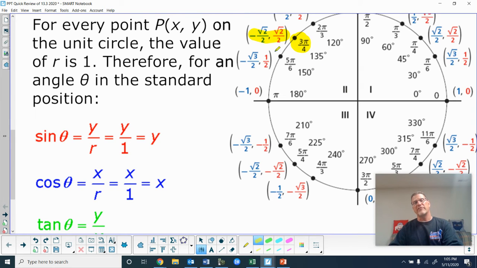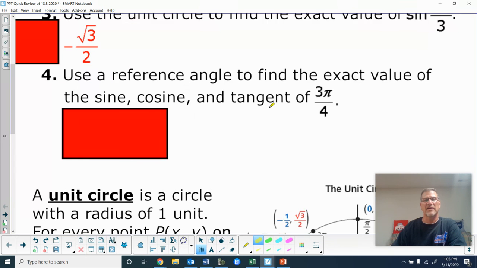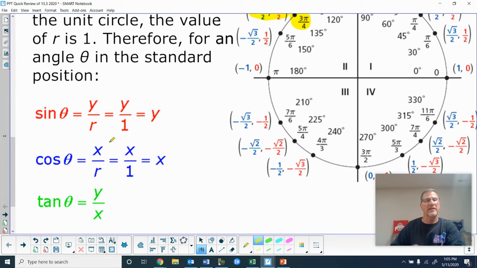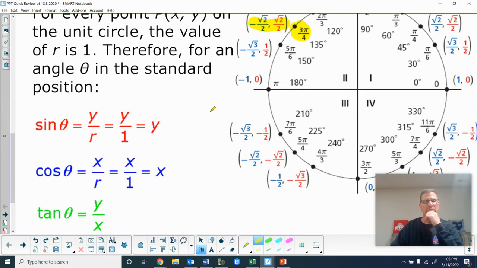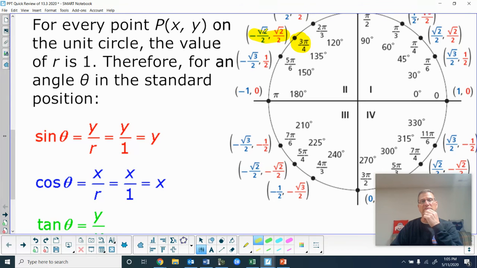And that's a 45, 45, 90 right triangle in the second quadrant. So the x value of that point is negative radical 2 over 2, and the y value is positive radical 2 over 2. We're supposed to find sine, cosine, and tangent. Sine is the y, so it's positive radical 2 over 2, and cosine is the x, so it's negative radical 2 over 2.